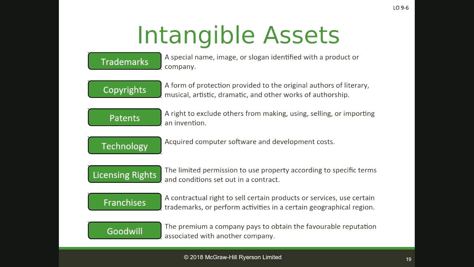Goodwill. So we mentioned a while back that goodwill actually is the most common intangible type of asset that a company has in its financial statements. Goodwill is essentially what we say is the excess earnings value of a business.